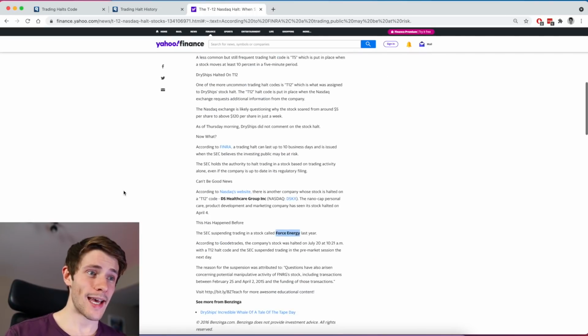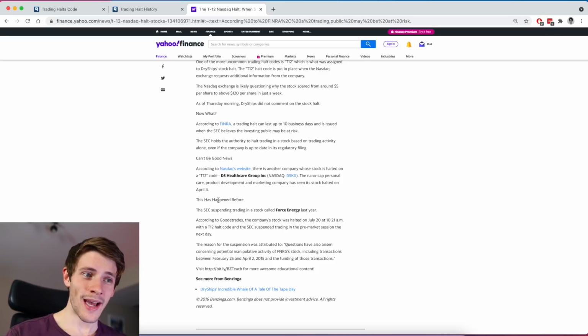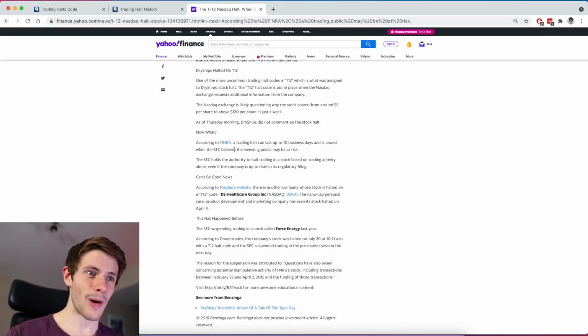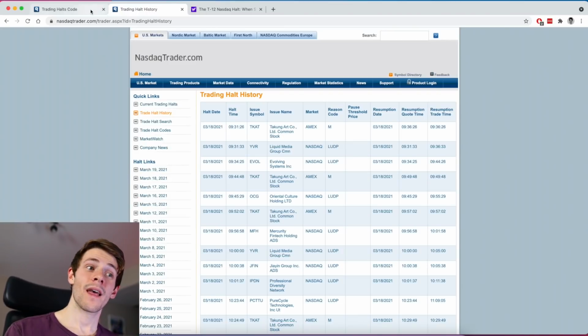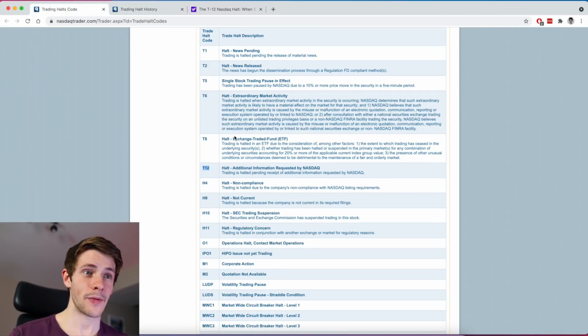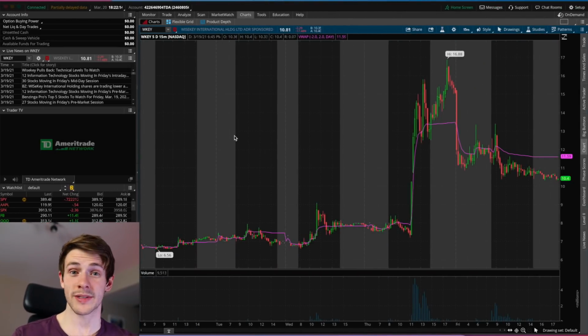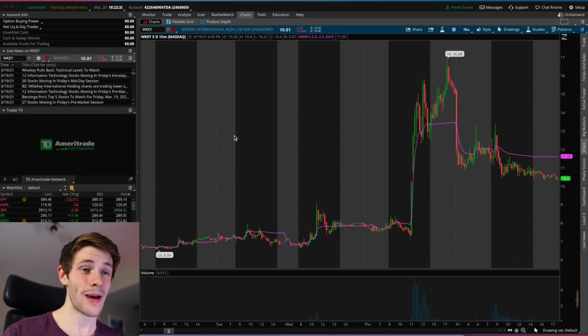That basically means that the SEC suspends trading because they think that the investing public may be at risk. And this can last up to 10 business days. And when this happens, oh my goodness, stocks get absolutely wrecked, as you can imagine. So I mean, if a stock gaps down 50% on an hour-long halt or a 2 or 3 hour long halt, imagine what it would be for a 10-day halt.